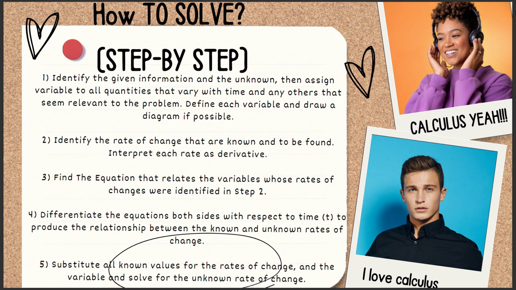The second one is we need to identify the rates of change that are known and to be found. Interpret each rate as a derivative. The third one is we need to find the equation that relates the variables whose rates of change were identified in step 2.